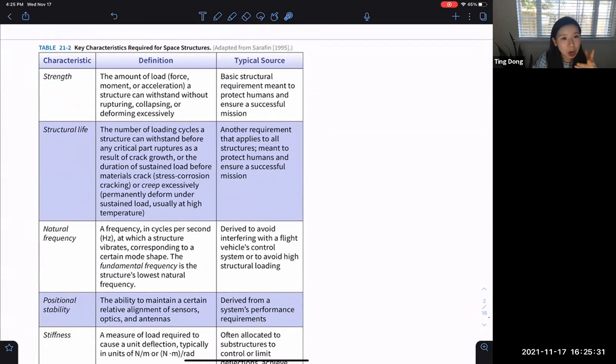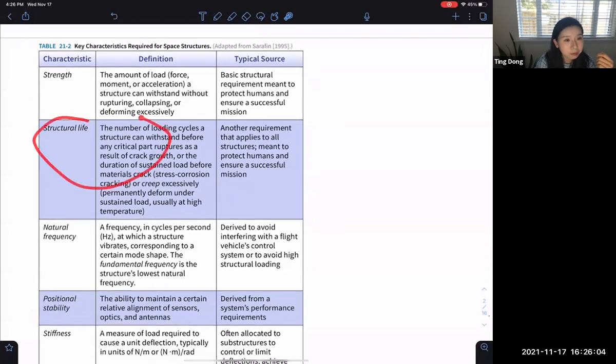We don't want our structure to yield, or, if we have a sensor optical alignment requirement, or we don't want our structure to collapse, as in buckling analysis, or the tensile stress to exceed the ultimate strength, which will cause a rupture of the structure. So that is the strength part.